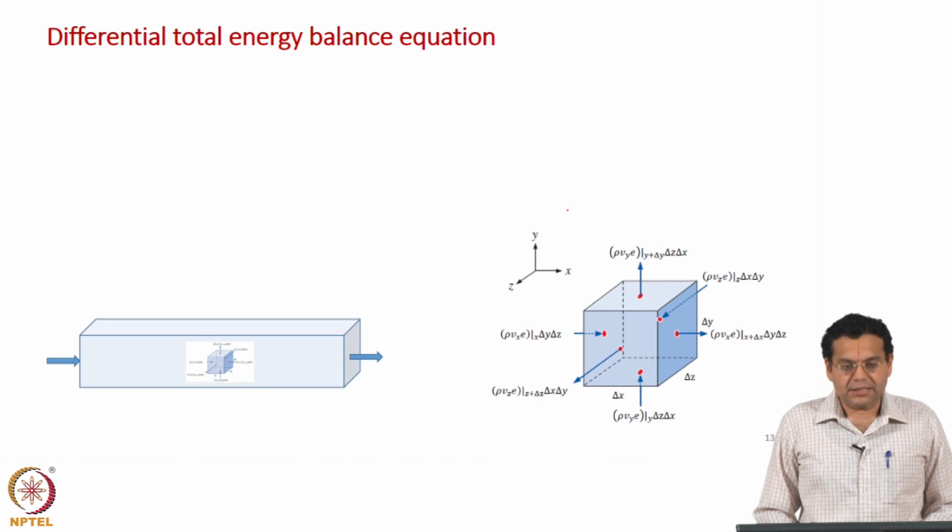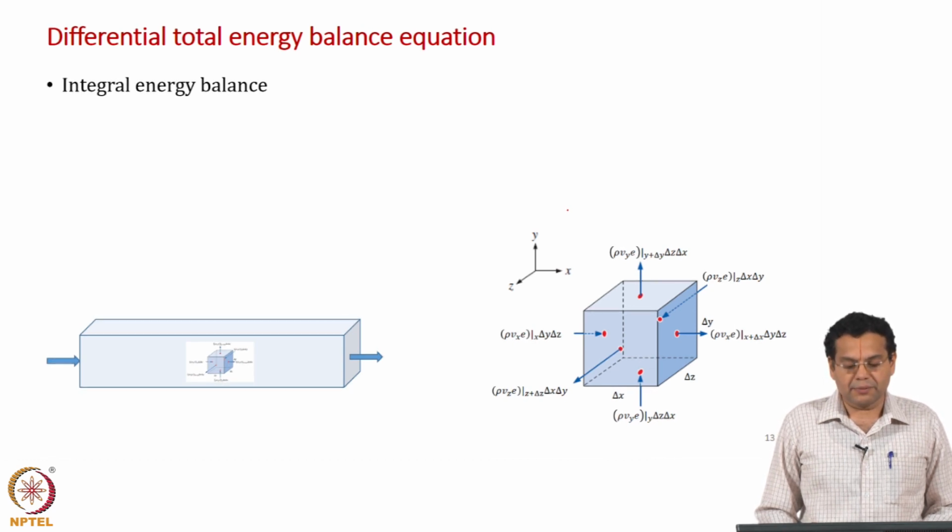Okay. So, let us start with the integral form of energy balance equation. This is what we have been doing while deriving all the differential balance equations. We start with the integral form of the corresponding balance equation. So, in this case we are starting with the integral energy balance equation. So, let us write down the integral energy balance equation.